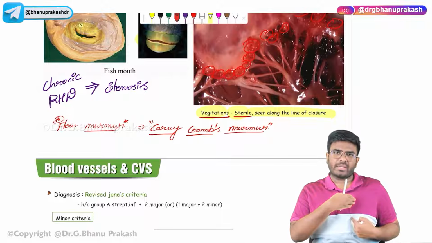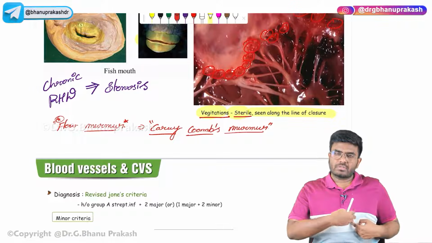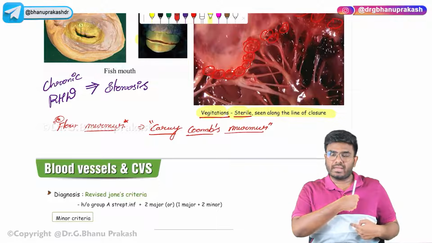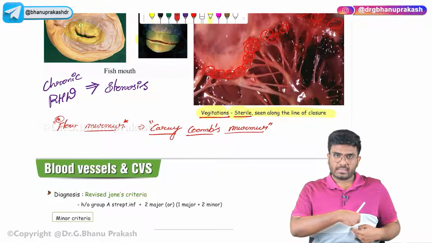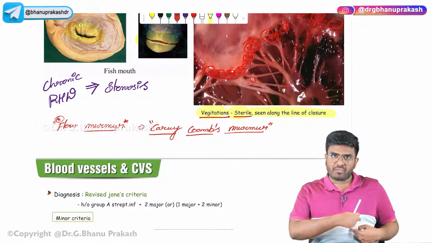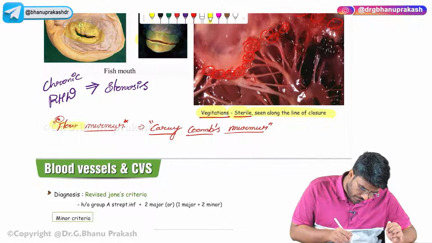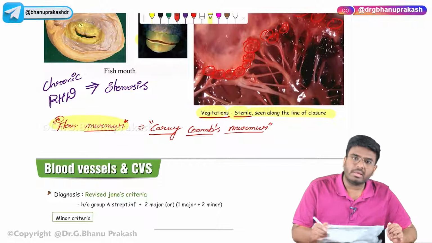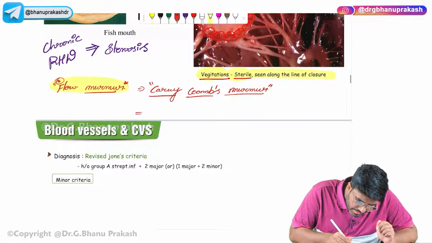Some extra amount of blood came into the left atria, so this extra blood will again come down. The extra volume of blood coming from the left atria back to the left ventricle causes a murmur, and that is called a flow murmur.